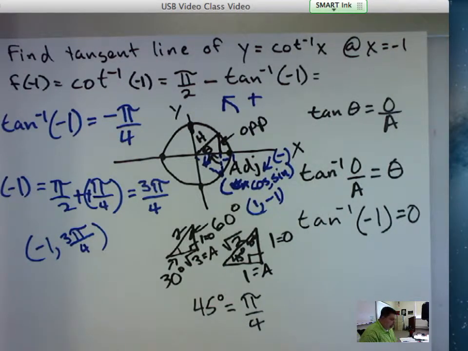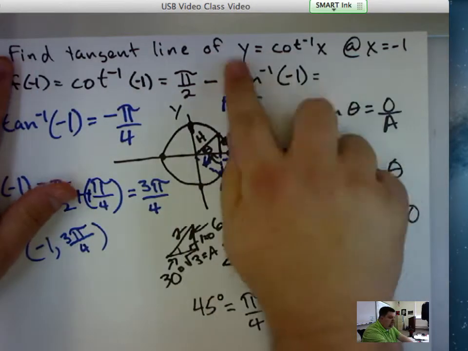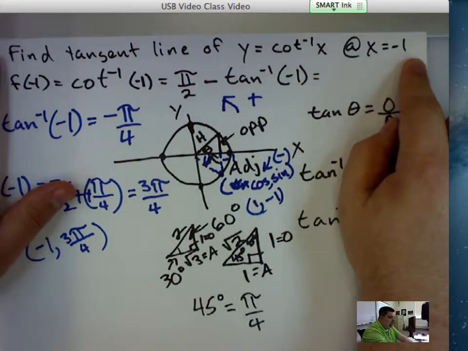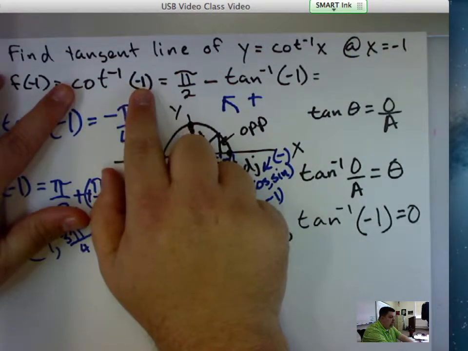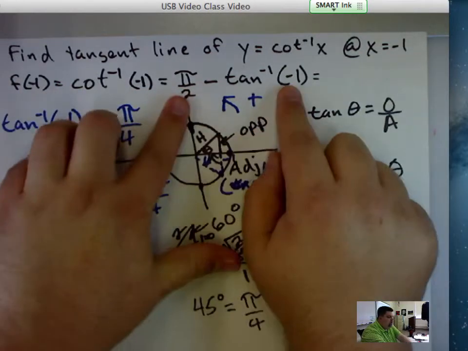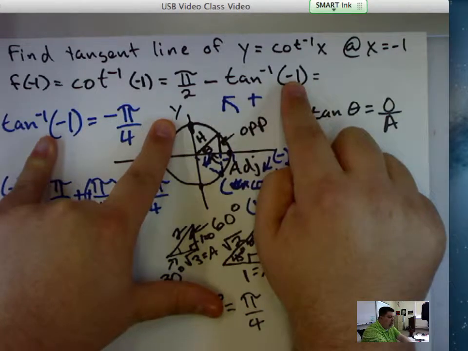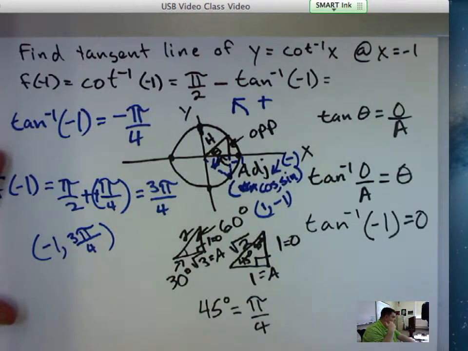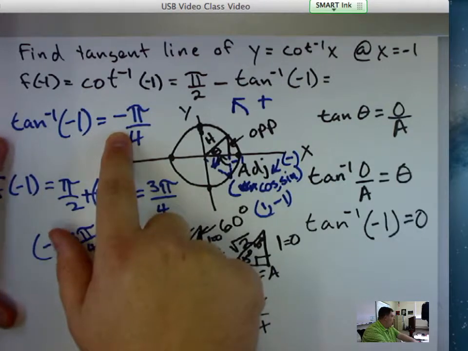All right. So I'll do a real quick summary. To find the tangent line of y equals arc cotangent of x at x equals -1, the first thing I need is the point. To find the point, I evaluate the function arc cotangent at -1. If I use the cofunction identity, I need pi over 2 minus arc tangent of -1. I do all this trigonometric stuff off the top of my head to figure out that the arc tangent of -1 is actually the angle negative pi over 4.